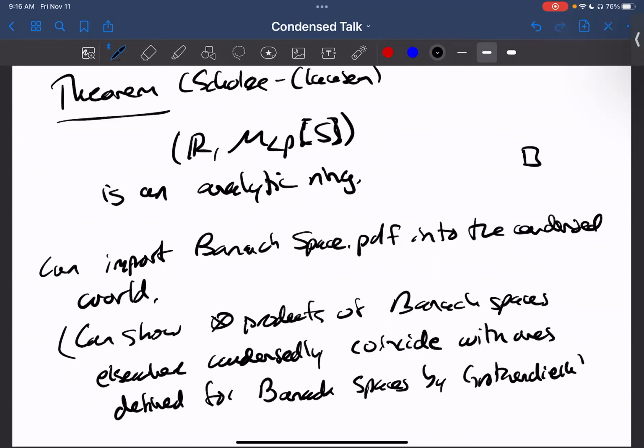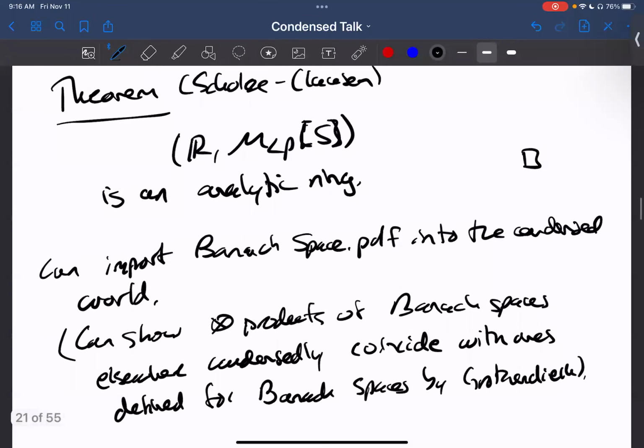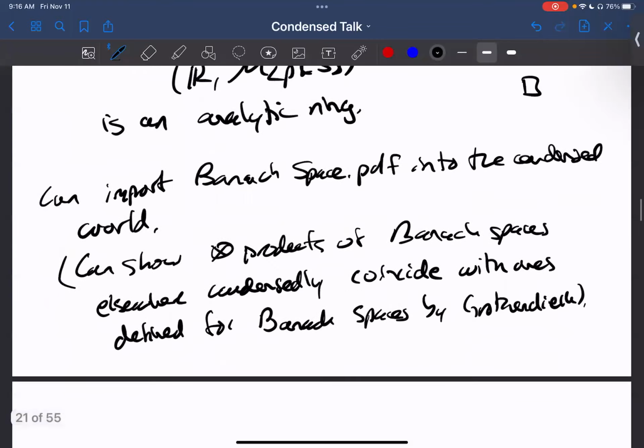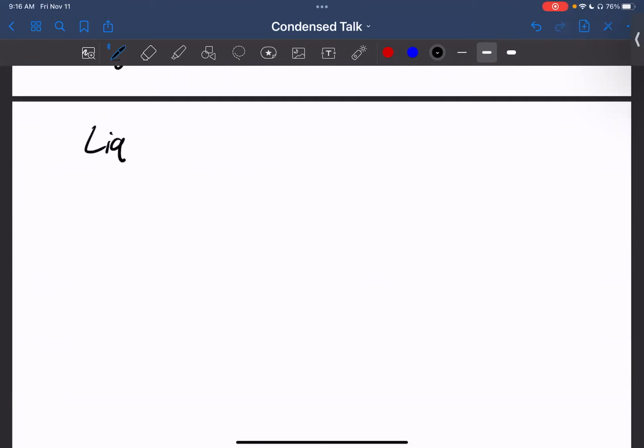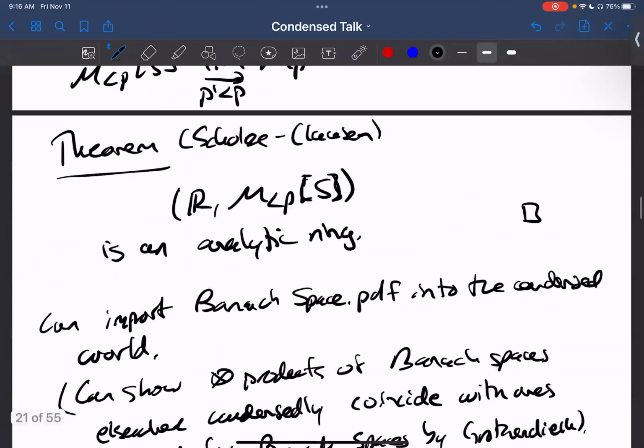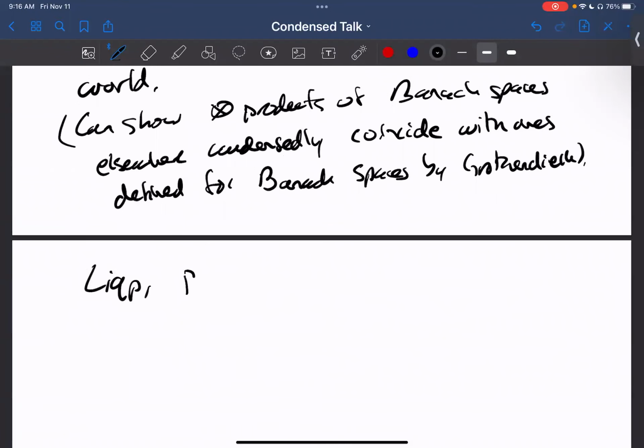And we call the category associated to these Liq_p for p as above, the p-liquid vector spaces.